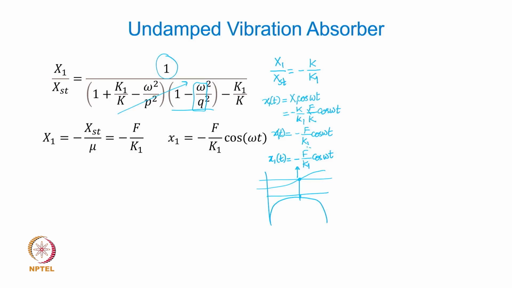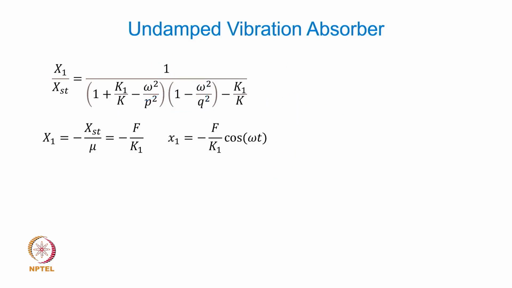But the amplitude is then going to be F over K1, and it is going to harmonically oscillate. So the point here is that you are attaching another external system to the parent vibratory system, bringing down the vibration of the parent system to 0 and letting the attached absorber system vibrate with whatever small amplitude.